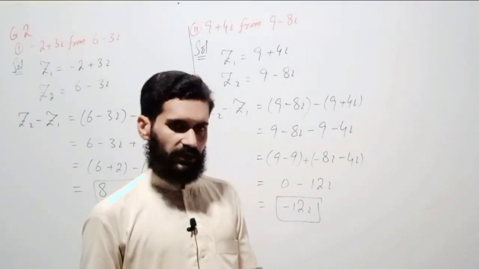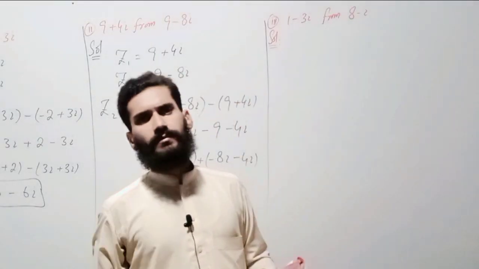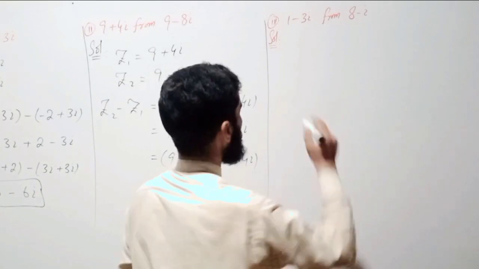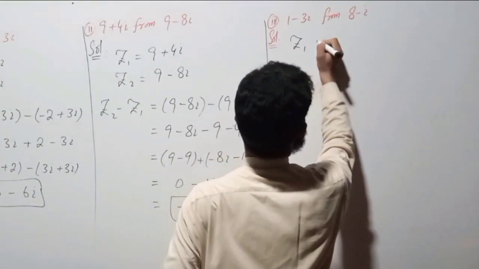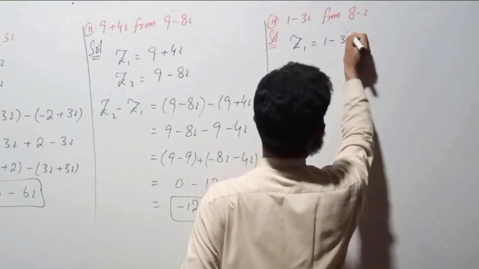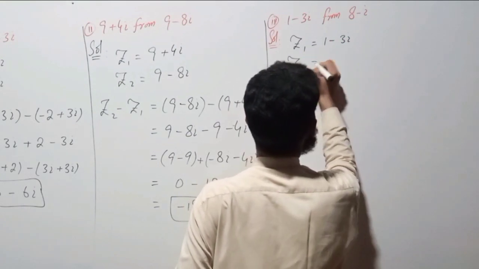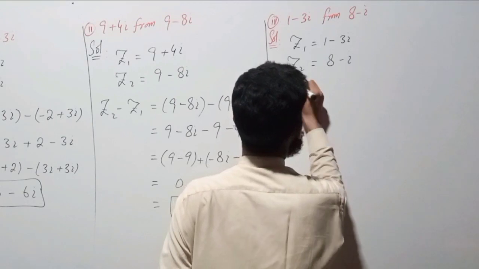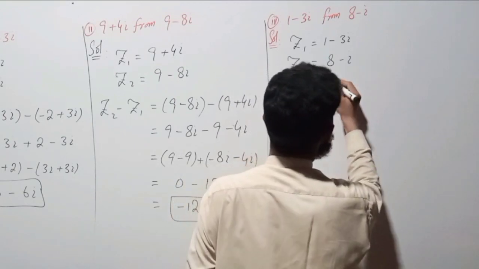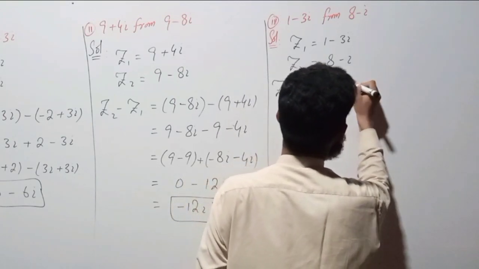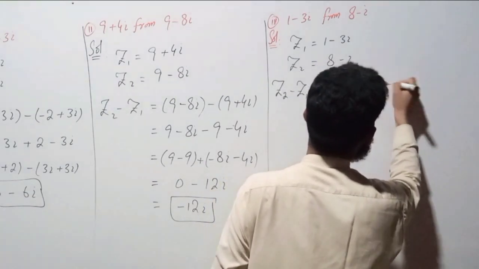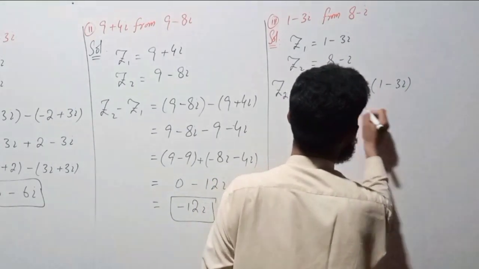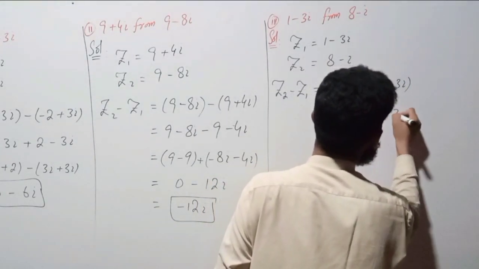Now part 3. The same method applies to the complex numbers: Z1 is equal to 1 minus 3 iota and Z2 is equal to 8 minus iota. Z2 minus Z1 is 8 minus iota minus (1 minus 3 iota), which becomes 8 minus iota minus 1 plus 3 iota.